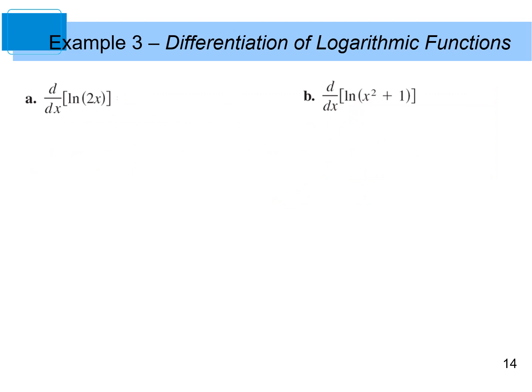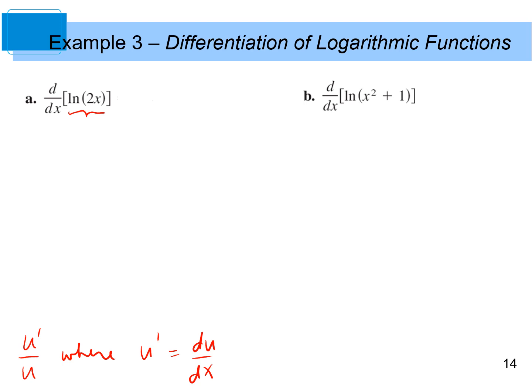Let's have some examples. For the first one, we want to get the derivative of the natural logarithm of 2x. Since this is not just x, it's a composite function, ln of 2x. Recall the formula is u prime over u, where u prime denotes the derivative of u with respect to x.